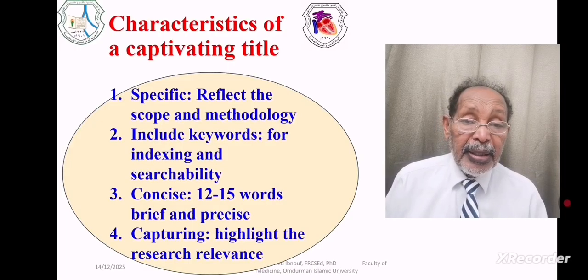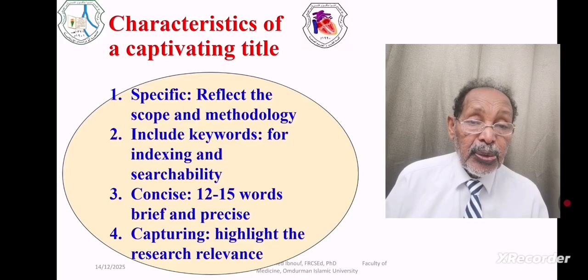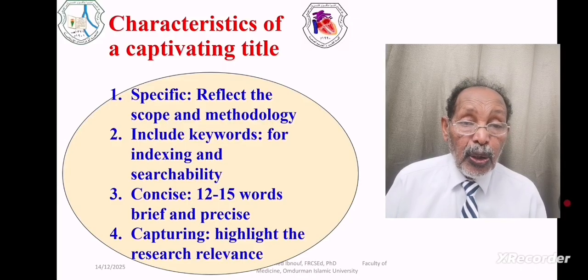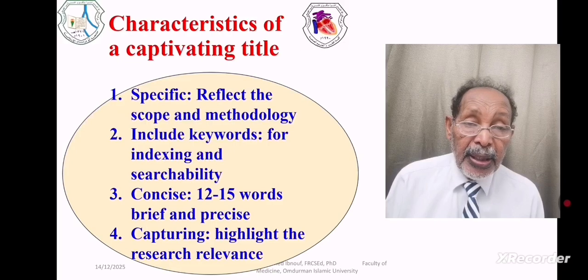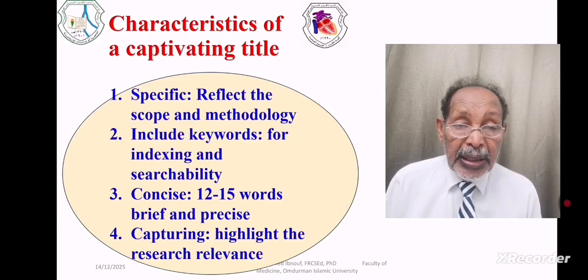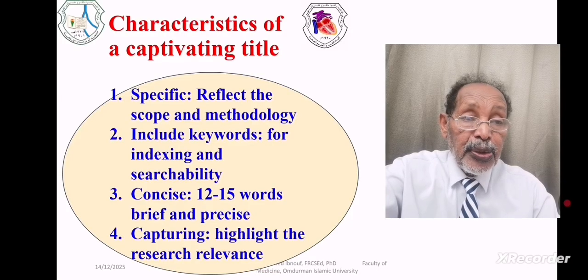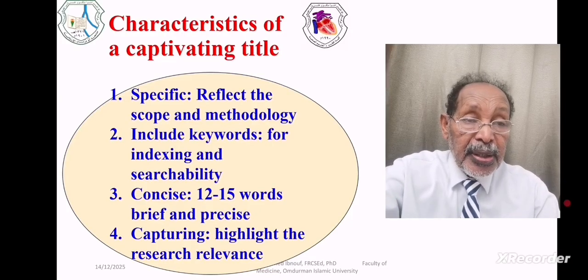The title should be concise, should not be vague, and should not be long. It should be captivating for those who are interested in the field of the research, and should be relevant to the practice itself.